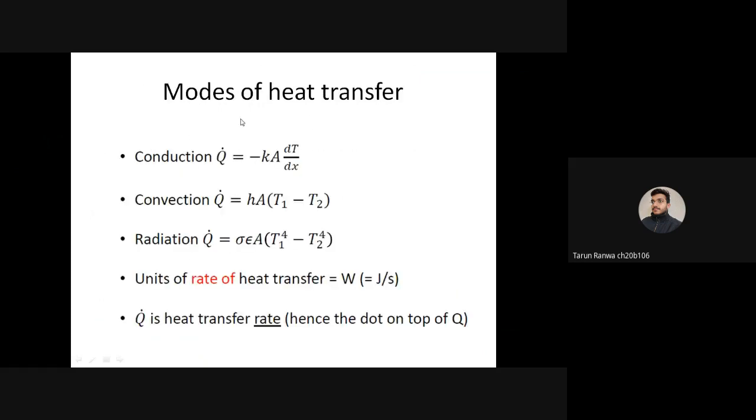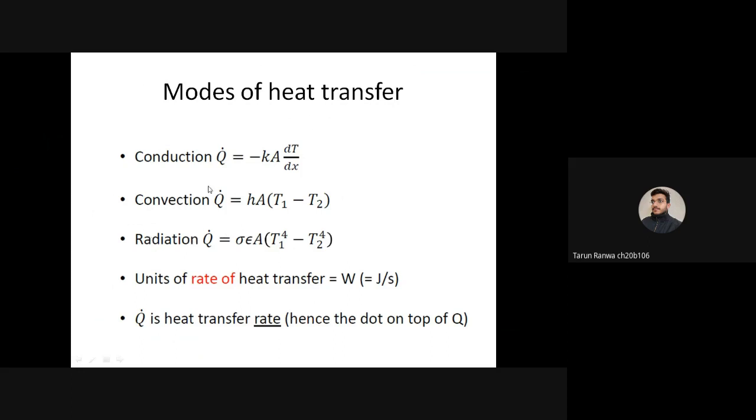Now, modes of heat transfer. How does heat transfer? First one is conduction, where the rate of heat transfer we can write as minus KA dT by dx. dT is the temperature difference, and dx is a displacement element. The second one is convection.